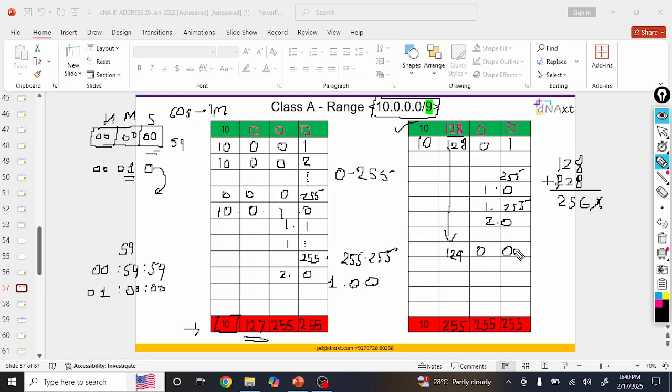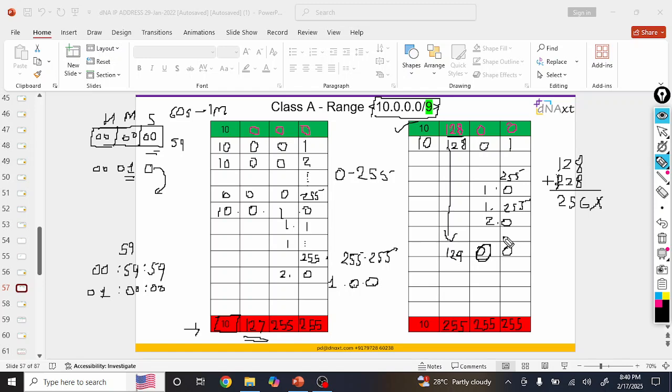Are you getting it? For every increment of one number in the third octet, every time the fourth octet will give you combinations of 256 IP addresses. Then there will be a change in the third octet.